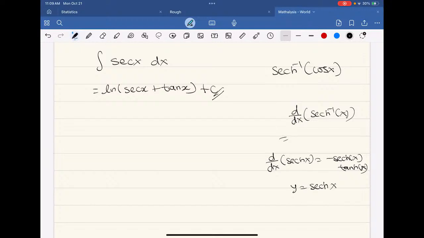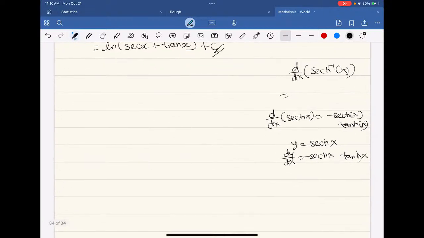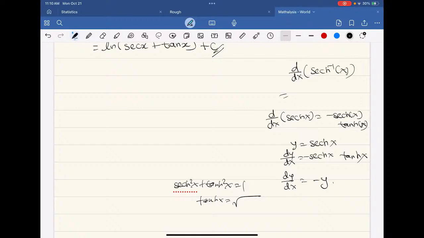We know that dy by dx is minus sech x tanh x, and this is minus y tanh x. Since sech square x plus tanh square x is equal to 1, we know that tanh x will be the square root of 1 minus sech square x, right?